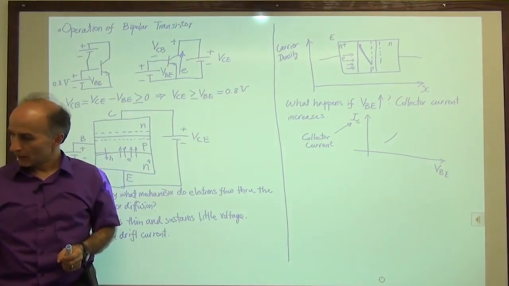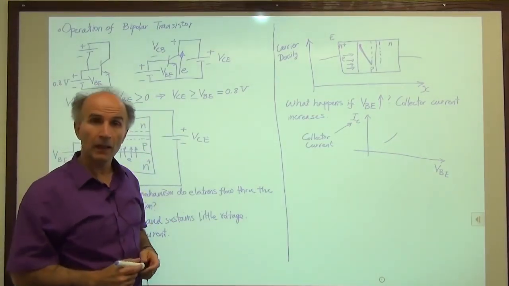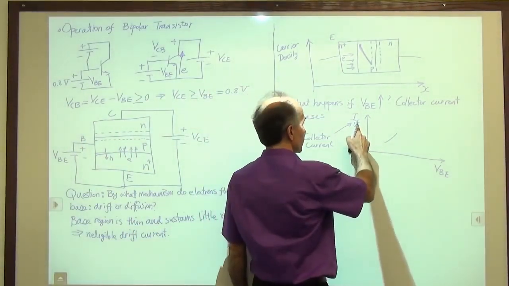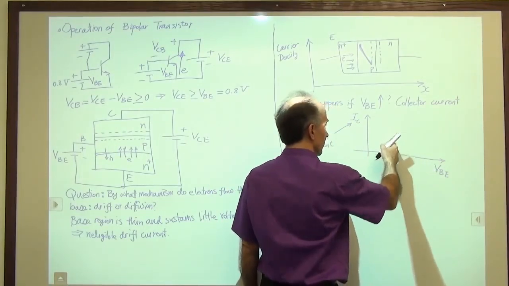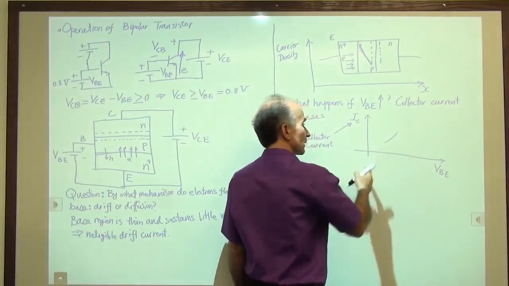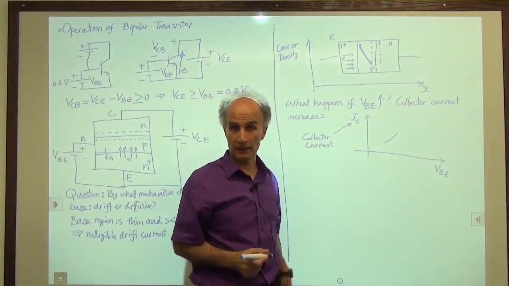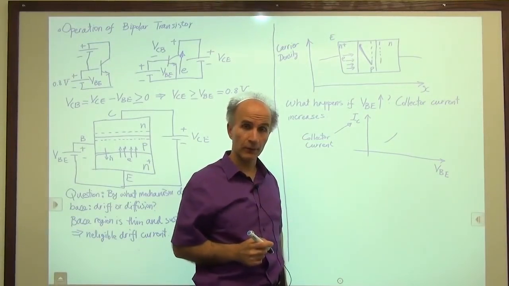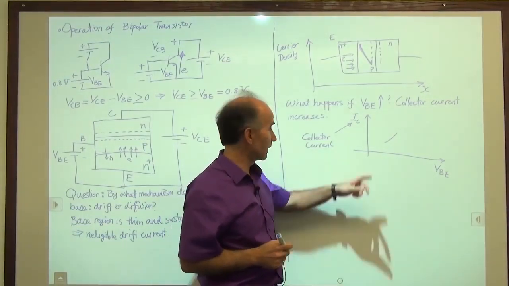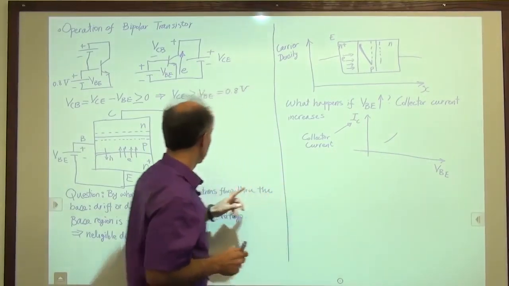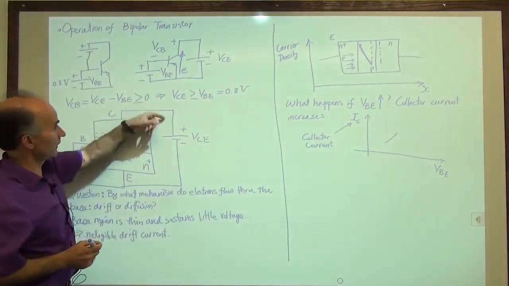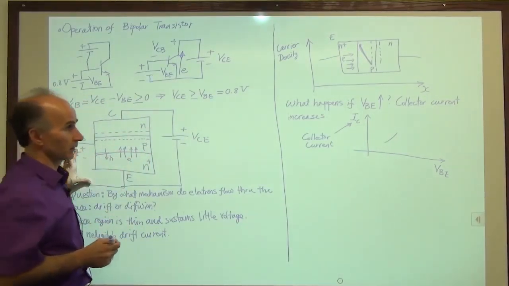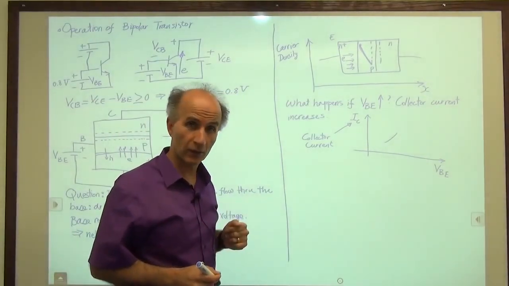Okay. All right. So the question we have to answer is, what is the relationship between IC and VBE? This plot here. What does it do? Is it a straight line? Is it something else? And it turns out that what makes the bipolar transistor beautiful is that the relationship between the current in the device, this current, electrons going this way or positive charge equivalently going this way, and this voltage, base emitter voltage, is an exponential relationship.